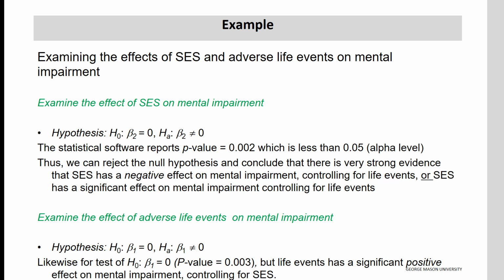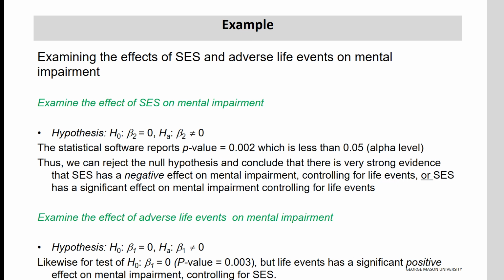The alternative hypothesis would say that the slope, beta 0, does not equal 0. That means that socioeconomic status, or SES, has a significant effect on mental impairment, or that SES is a significant predictor of mental impairment.